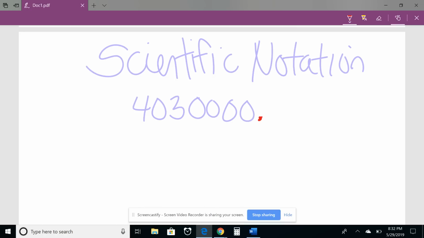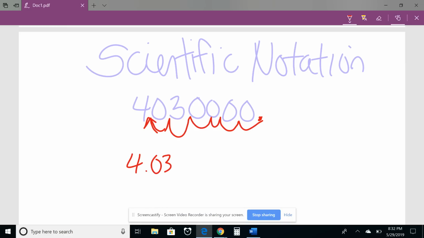First, find where the decimal point is, and you want to hop over every digit until you have right after the first non-zero digit, which is 4. That's where I'm going to move my decimal point: 4.03.